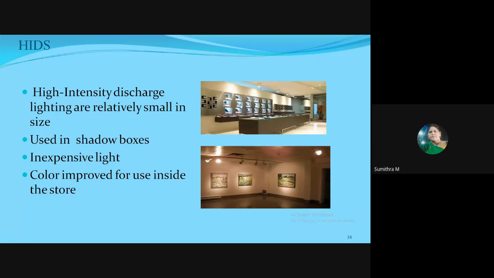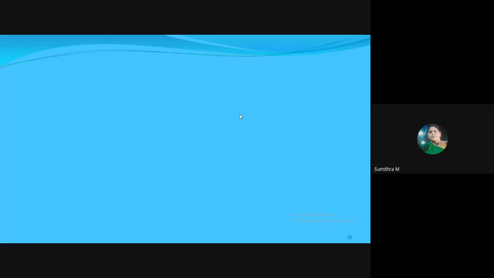It looks like small bulbs. It is named an inexpensive light. The current consumption won't be more for this type of lighting. So inside the shadow boxes, on the fourth side or at the top and bottom, they'll use small bulbs. That bulb is going to attract attention to that particular garment. If you go near, you are able to see that product clearly. That is named high intensity discharge lighting.